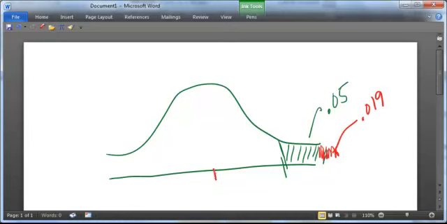The mean lies within the middle, and this p-value is way out in the tail, past our rejection area of 0.05, so we would reject the null.